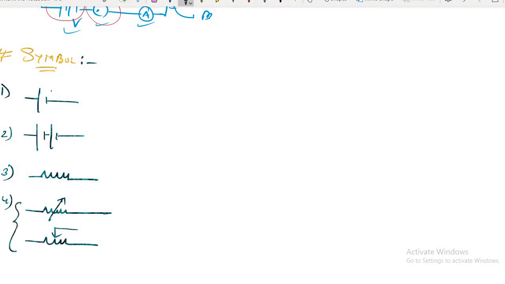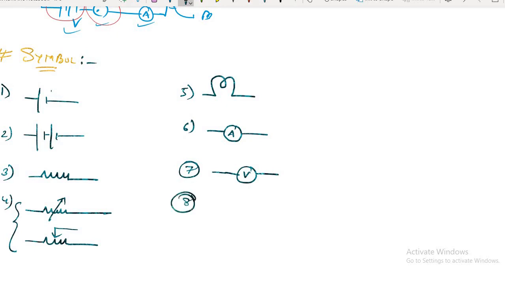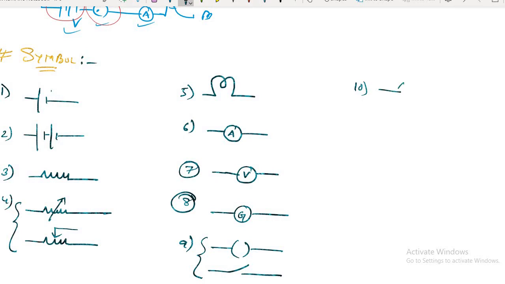These two are the same thing. Again, these two are the same thing. Again, these two are the same thing.